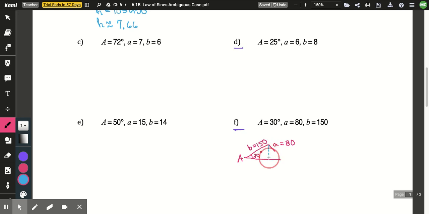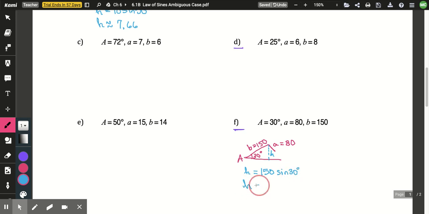So I'm going to draw on the height of this triangle, and I'll label it H. And then to find the height of the triangle, so I can see if 80 is longer than the height, I would take the sine of 30 degrees equals H over 150, and then I would solve it for H, so that'd be 150 sine of 30 degrees.